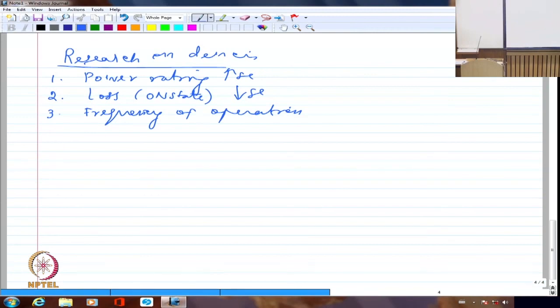So this requires some finite time. Maybe nanoseconds, maybe microseconds, but still. So a lot of research is going on towards this, reducing the on and off time of the device, which will enable it to operate at higher and higher frequencies. Right? So frequency of operation, whether it can be increased further. This is the other effort.